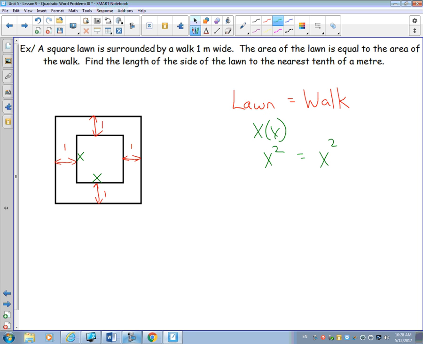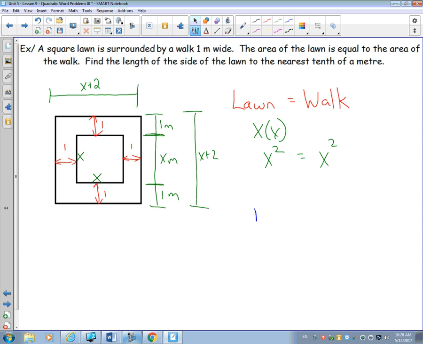So if I look at this shape, I think of it as one big shape. How big is it from the top all the way to the bottom? Well, up to here is 1 meter. This we said was x meters, and this we said was 1 meter. So I hope you would agree that this whole thing is x plus 2. And because it's a square, this is also x plus 2. So if I want to talk about the area of this entire shape, the area is the length times width, or in this case, length times length, since it's a square.